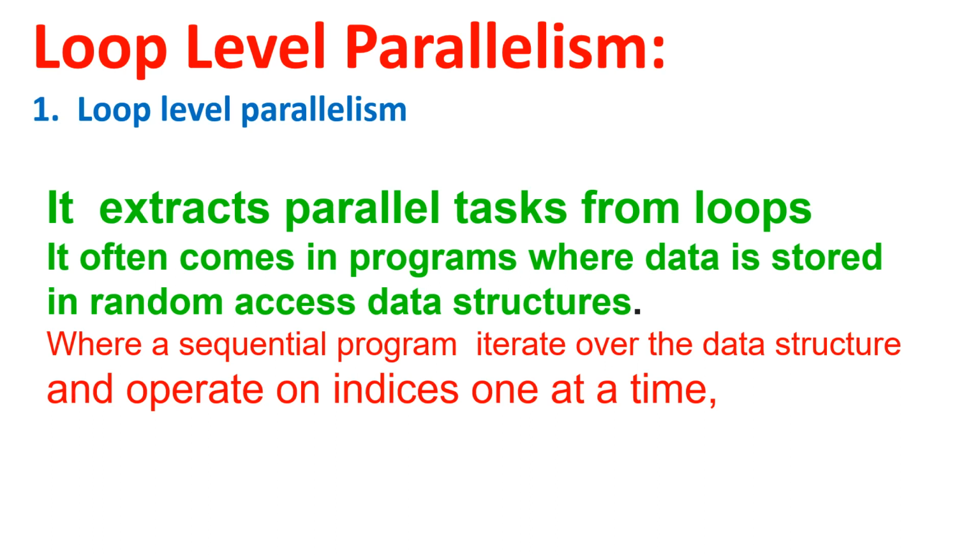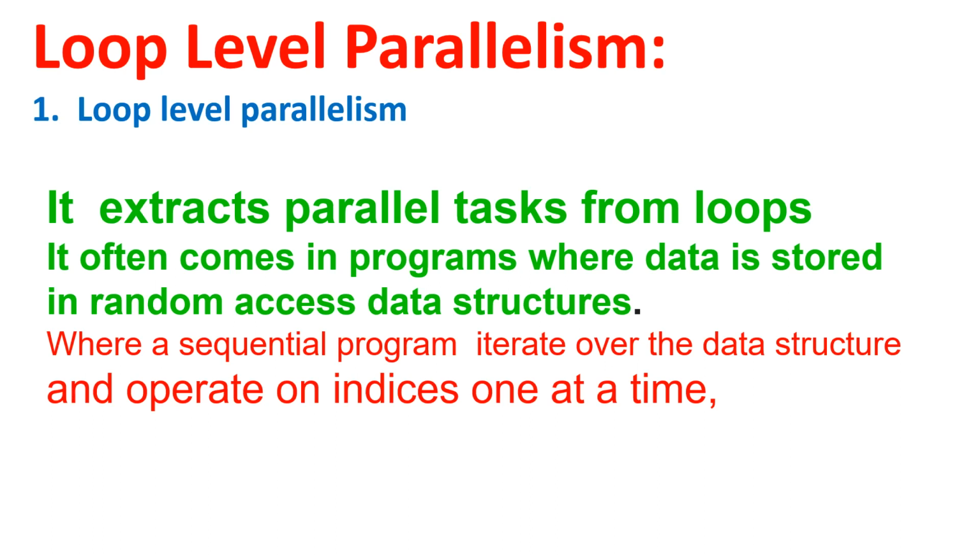So it extracts parallel tasks from the loop, and it often comes in programs where data is stored in a random access data structure. So an array is a random access data structure where we can get a value from any particular location of the array.